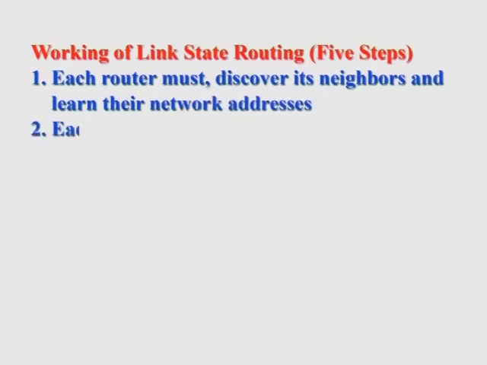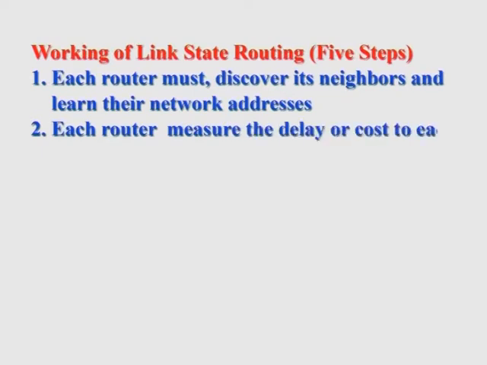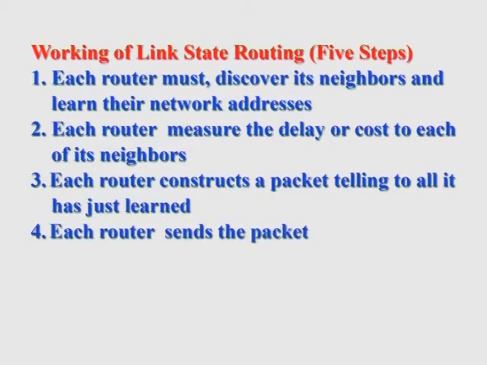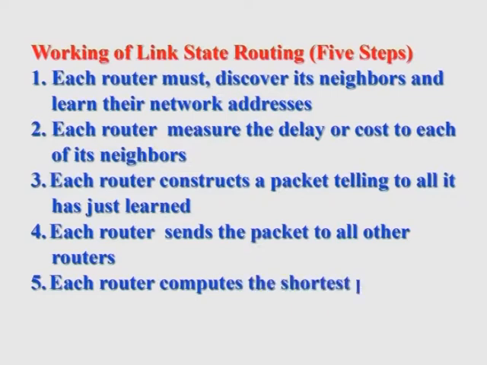Step 2 is that each router measures the delay or cost to each of its neighbors. In the third step, each router constructs a packet telling all it has just learned. In step 4, each router sends the packet to all other routers, and in the last step, each router computes the shortest path to every other router.